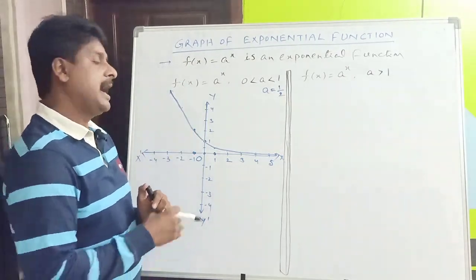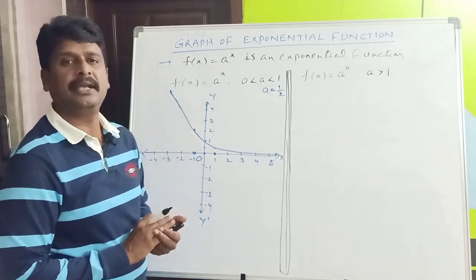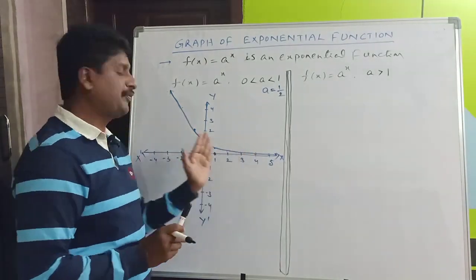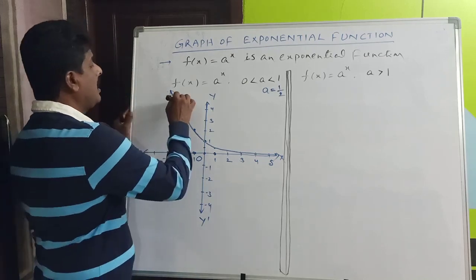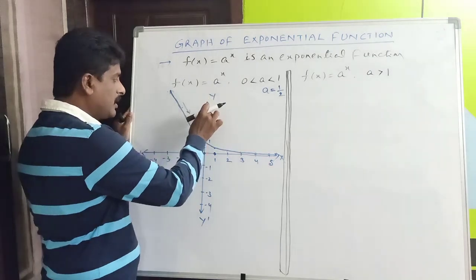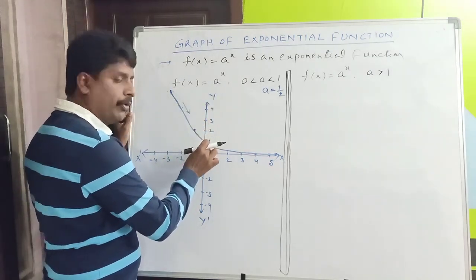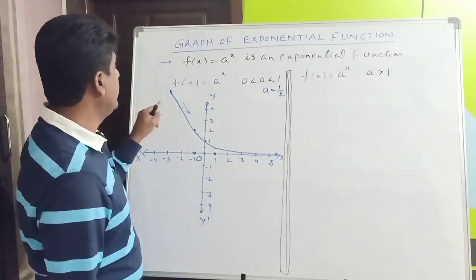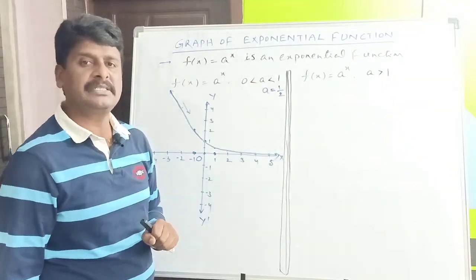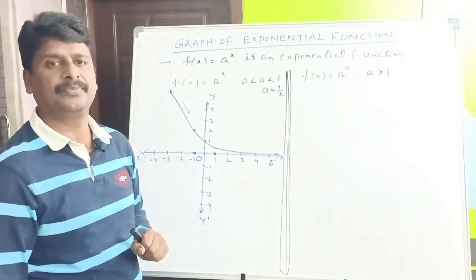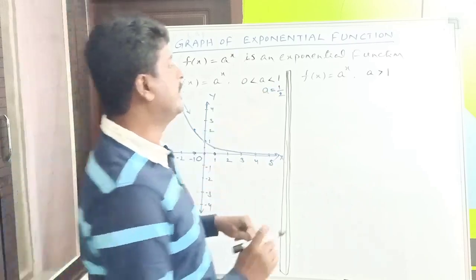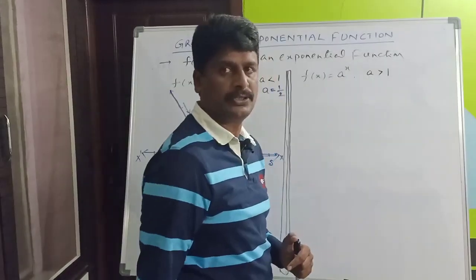It is always above the x-axis. But as x values increase from left to right, the graph is coming down; the corresponding y values are decreasing. So a power x in this case is always a decreasing function. Let's write the properties later, after drawing the graph for the second case also.